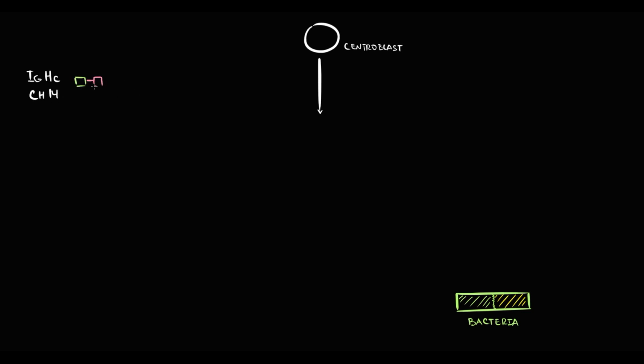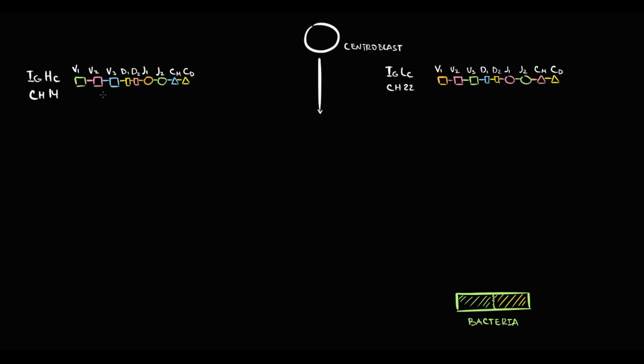Let's mark the genes that participate in heavy chain formation as V, D, J, and C genes. The genetic information on how to make light chains of immunoglobulins is located on chromosome 22. Let's also mark these genes as V, D, J, and C genes.